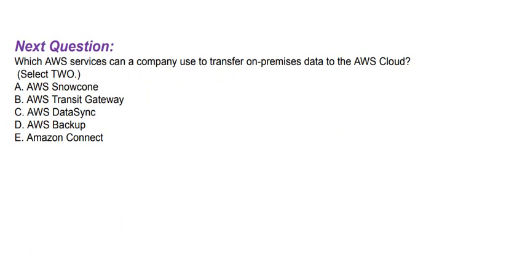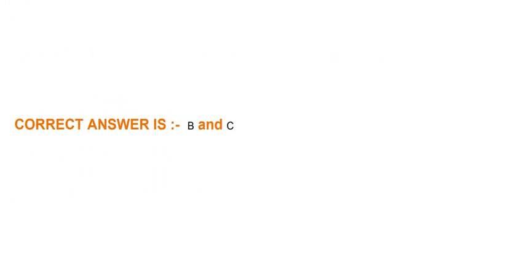Option B, AWS Transit Gateway. Option C, AWS DataSync. Option D, AWS Backup. And option E, Amazon Connect. The correct answer is option B and C.